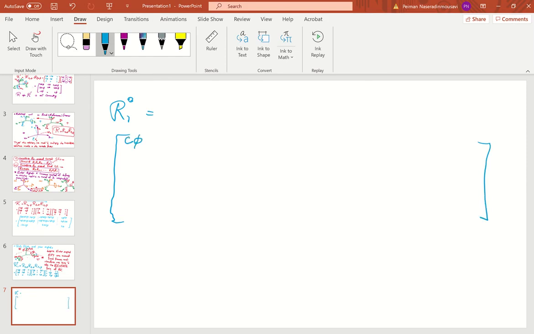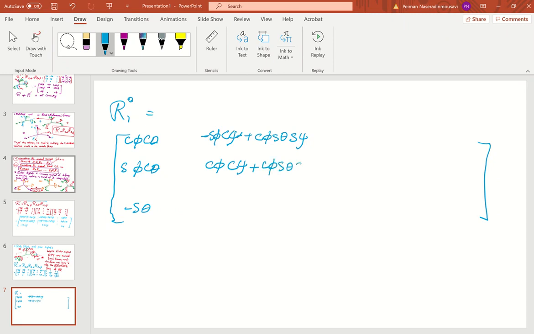Cosine phi cosine theta, sine phi cosine theta, minus sine theta, minus sine phi cosine psi plus cosine phi sine theta sine psi, cosine phi cosine psi plus sine phi sine theta sine psi, cosine theta sine psi.